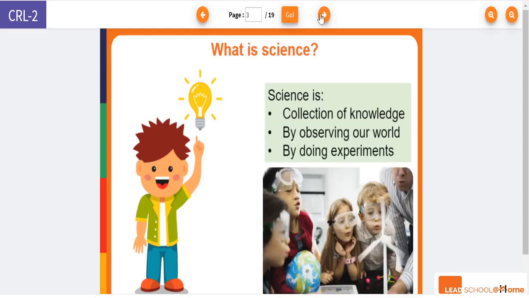And what is science? Science is collection of knowledge. And how do we collect this knowledge? By observing our world and by doing experiments. That's how we collect the knowledge, by observing and by doing experiments.